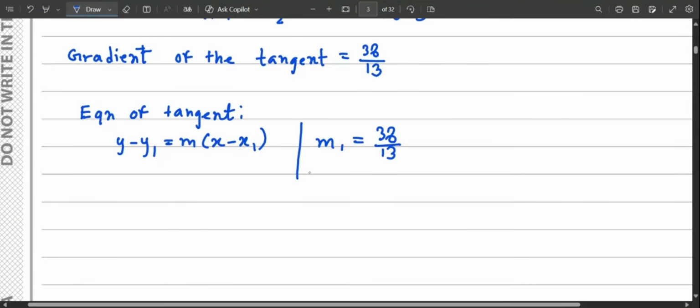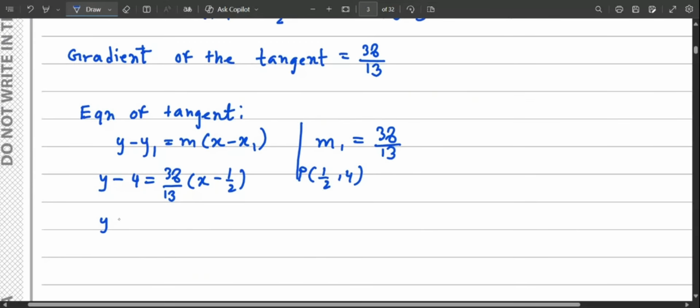We also know that a point through which our tangent passes is point P, which is half and 4. So we can use these values to calculate our tangent line. y minus y1, y1 is equal to 4, and m is equal to 38 divided by 13, and then we have x minus x1, which is x minus half.